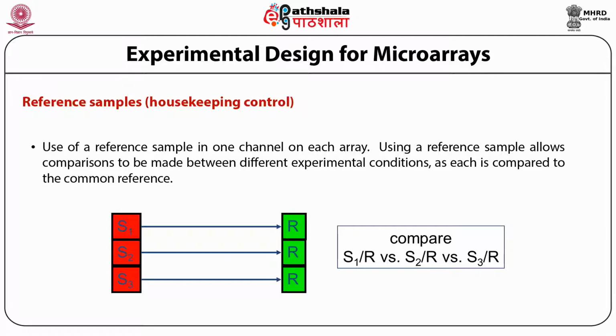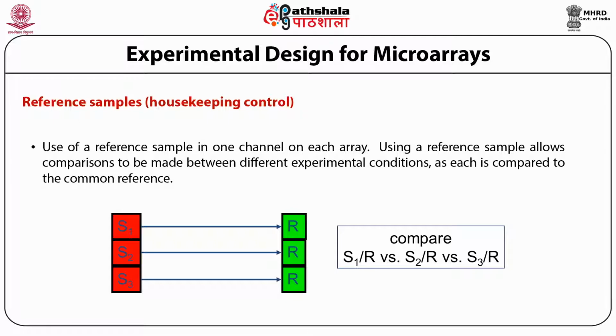If we see a variation in the controls, then we are not sure whether the variation is because of a difference in the amount of sample we loaded, or because of real variations. That makes it important to use references or internal references as QC, or quality control, in microarray experiments. So you could see S1, S2, S3 are the three different samples, and the corresponding references R and R. We are going to do S1 by R, S2 by R, and S3 by R.